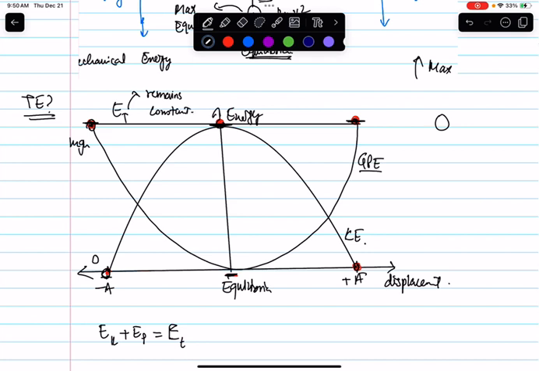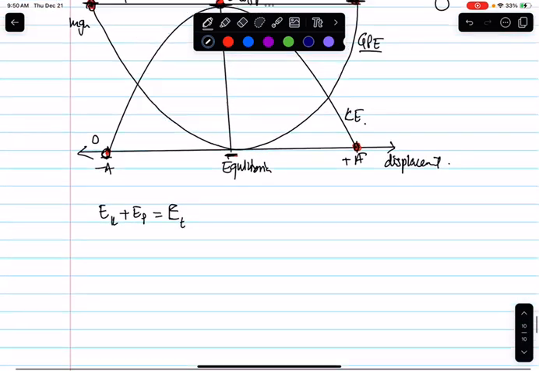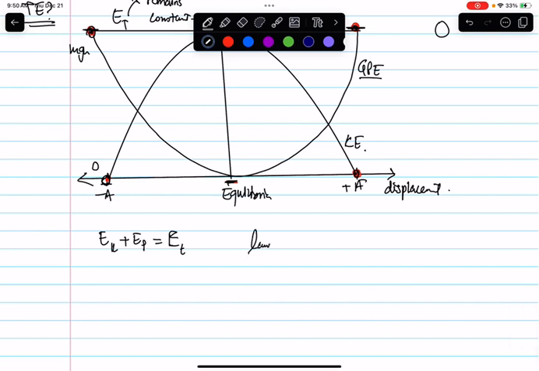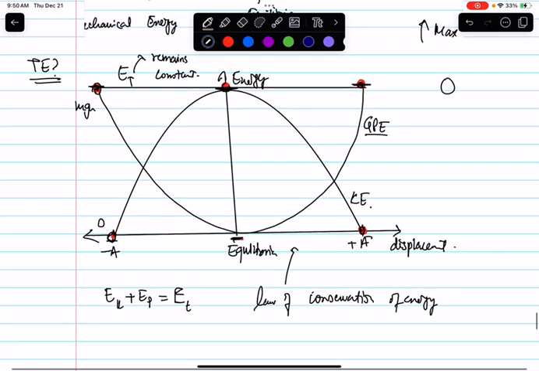So it is only the kinetic energy and gravitational potential energy that vary, but the total energy stays constant. And this tells you about the law of conservation of energy, which states that energy can neither be created nor destroyed, but can only be transformed from one form to another.